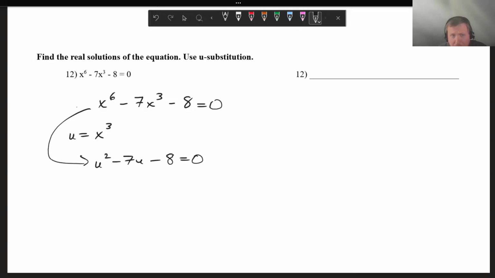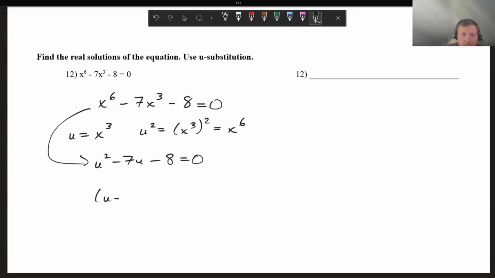The way that I'm looking at this, I choose my u based off of the cross term. I see that x cubed squared is x to the 6th. So if I have u squared, that's x cubed squared, which gives me x to the 6th. Okay, and now I solve this however I like.